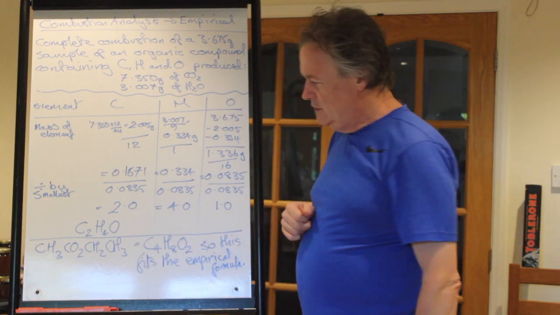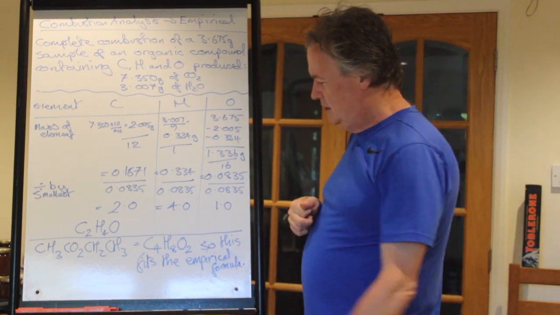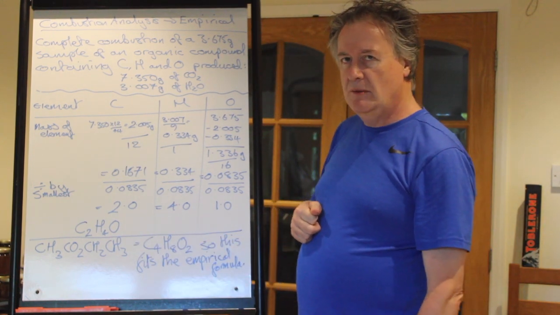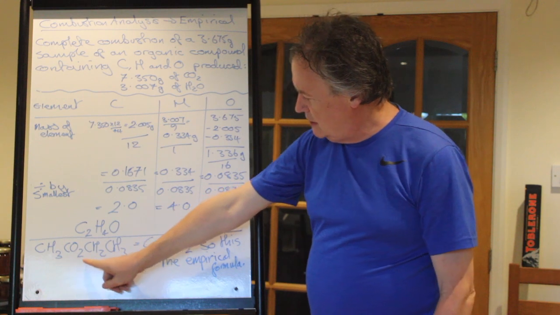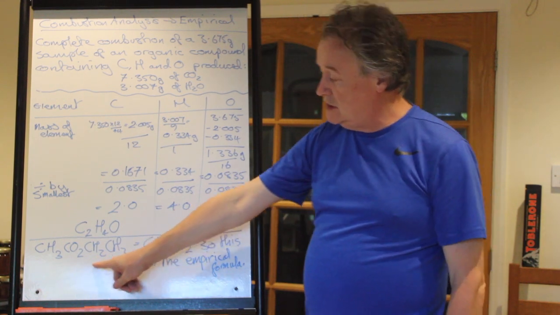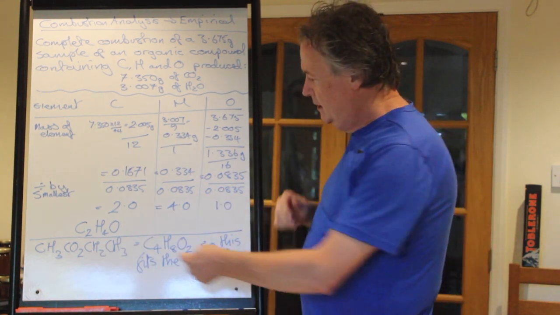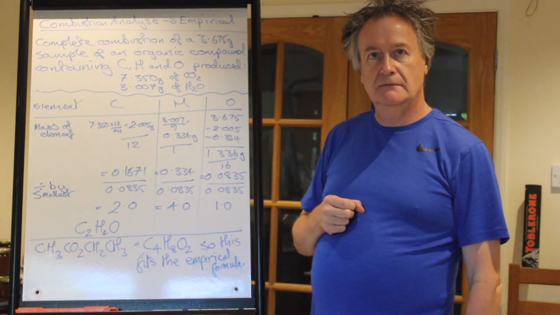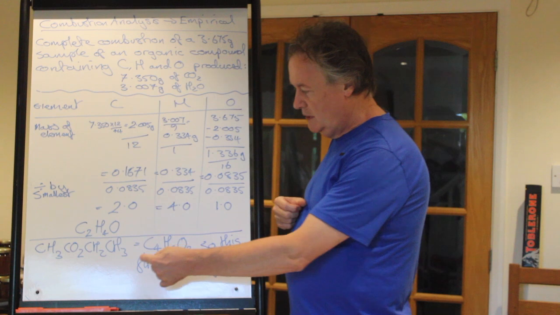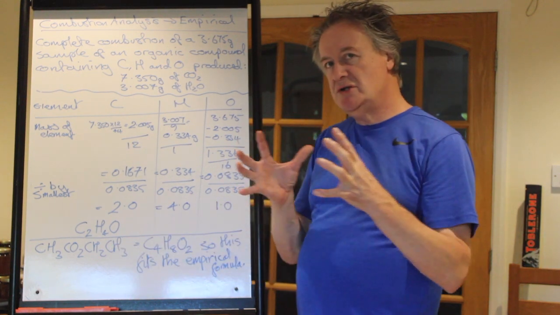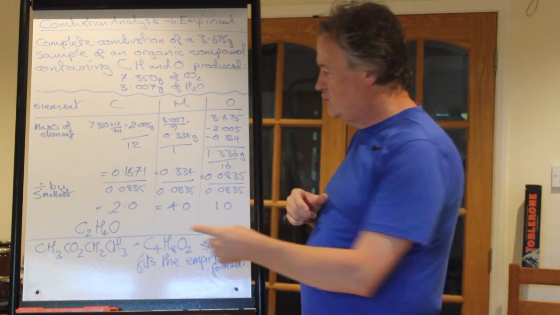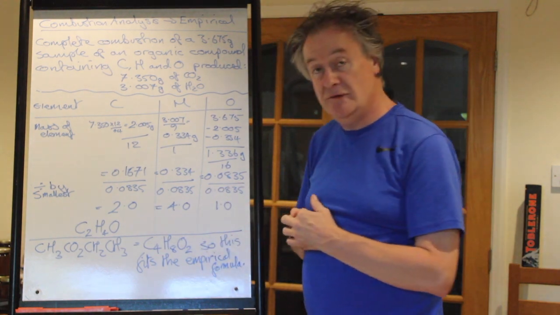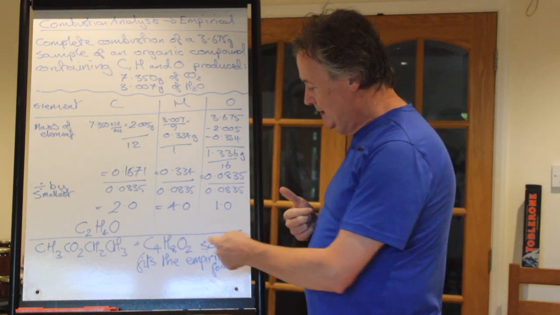Now I've taken it a little stage further and said, what I'm thinking is, does this compound, CH3CO2CH2CH3, which is ethyl ethanoate, match this analysis? Well, you need to condense this structural formula down into a molecular form, which is C4H8O2.